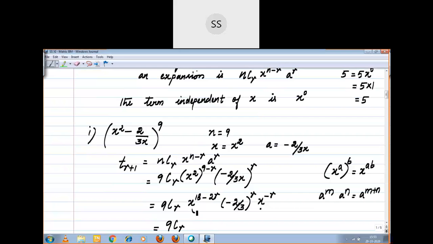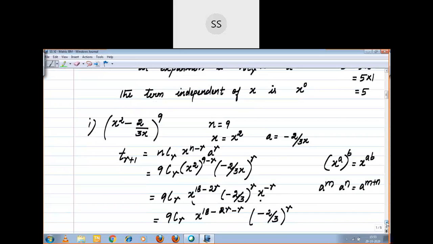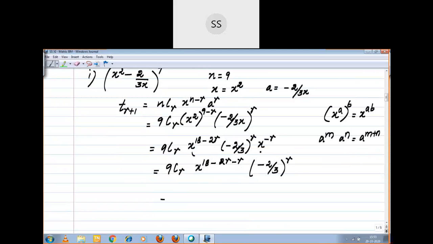That rule we are going to apply here: x^(18−2r) into x^(−r). The base is the same, so 18 − 2r − r, then (−2/3)^r, which equals 9Cr x^(18−3r) (−2/3)^r.